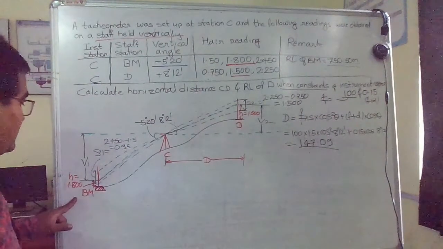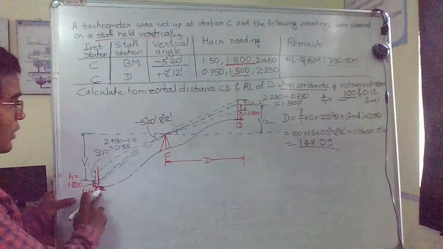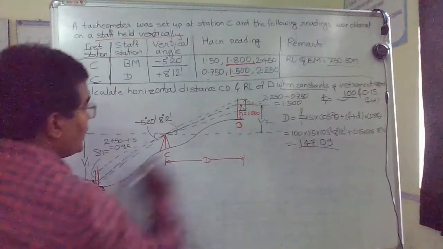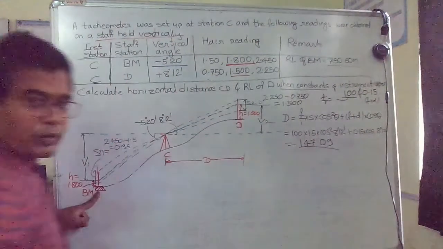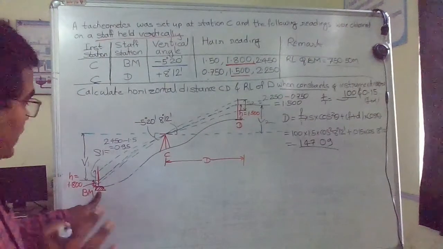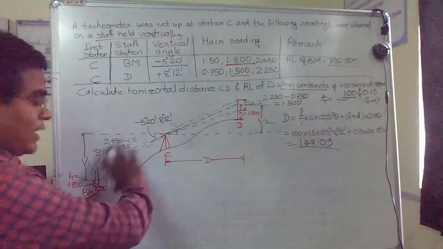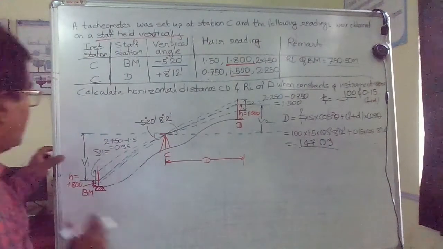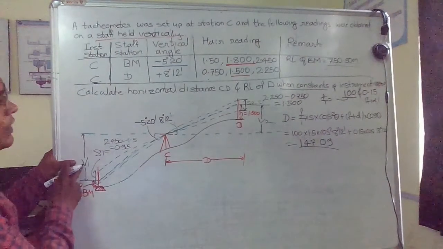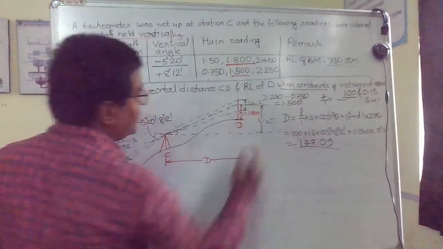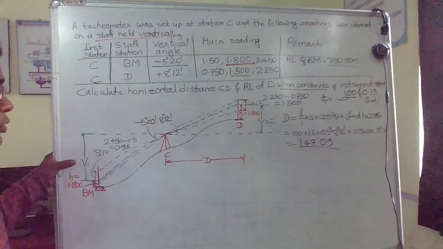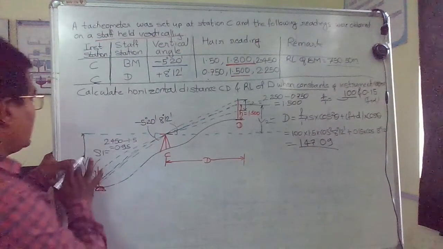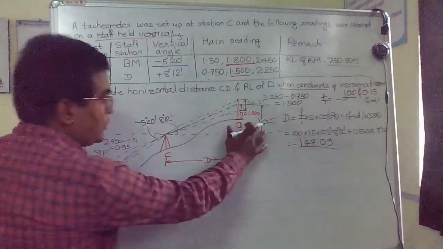We know the RL of this point, and from this we have to determine the RL of this point. Yesterday we discussed both the cases, angle of depression and angle of elevation. Here we have to apply both the cases. For that we need the distance v1 and also the distance v2. So the next step is to calculate distances v1 and v2.